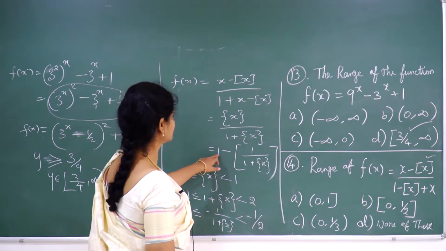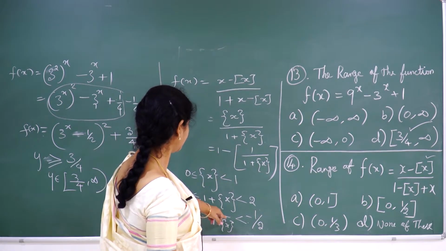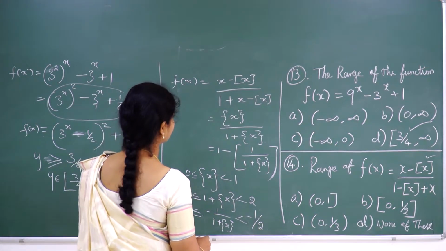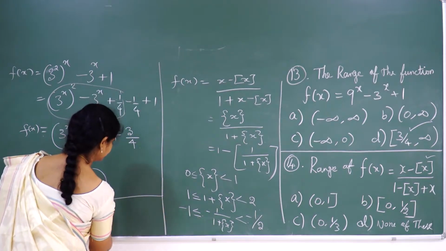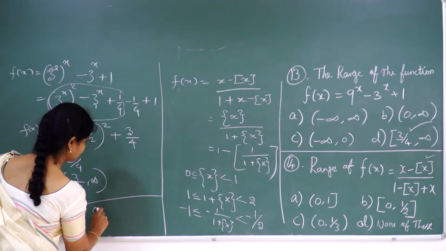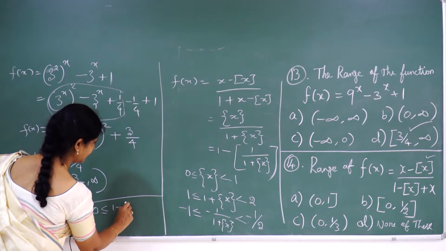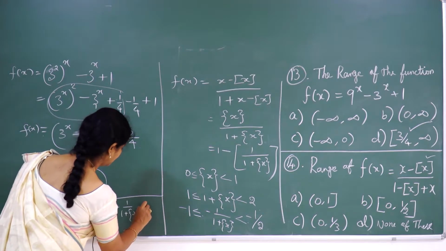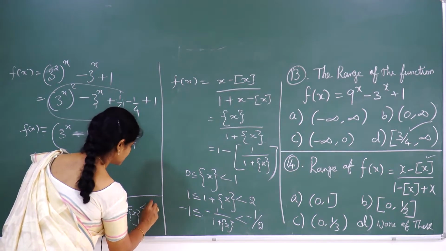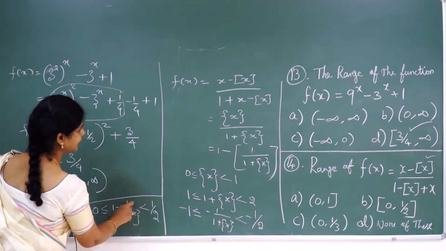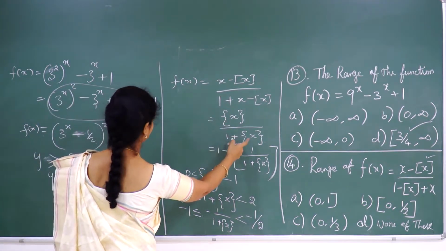Now to get the original function, add 1 on both sides. When you add 1 on both sides, you get 0 less than or equal to 1 minus 1 by 1 plus fractional part, less than 1 by 2. So this is your range of x by 1 plus x.